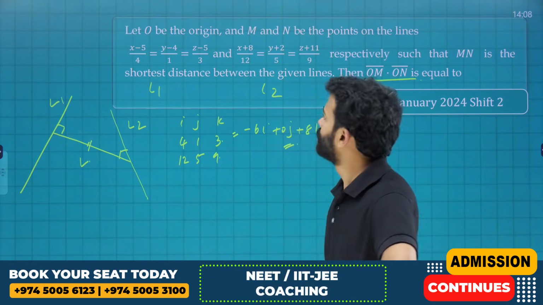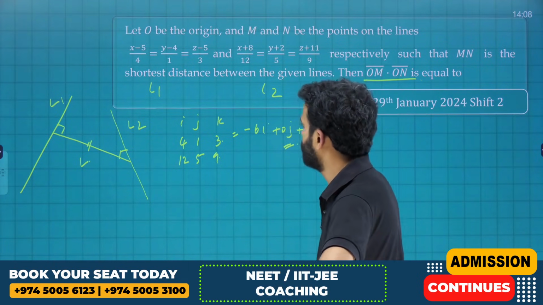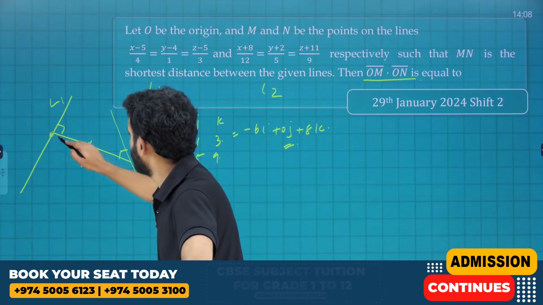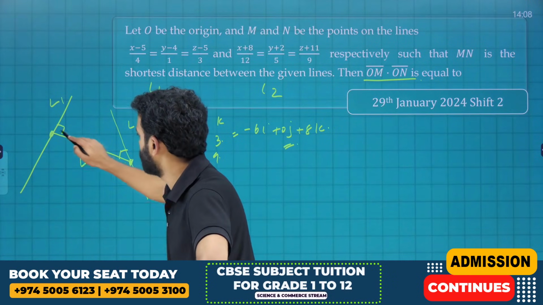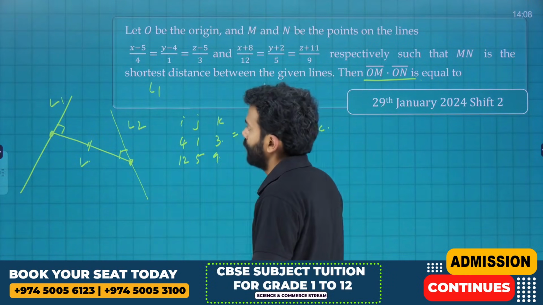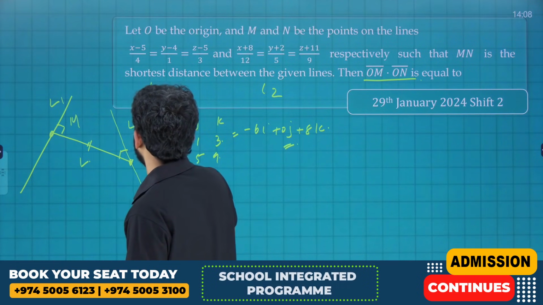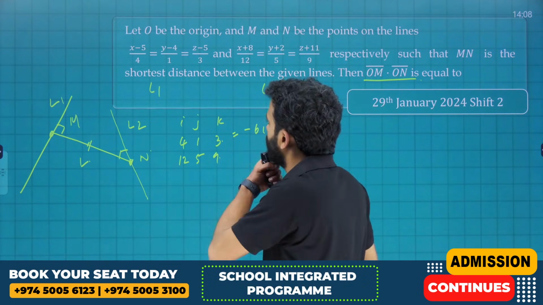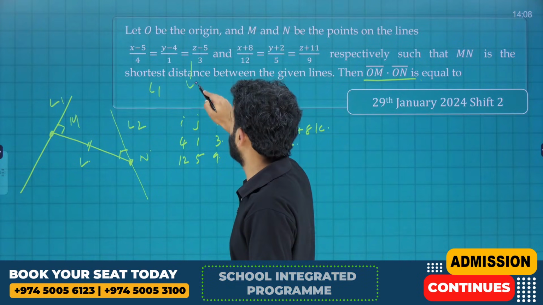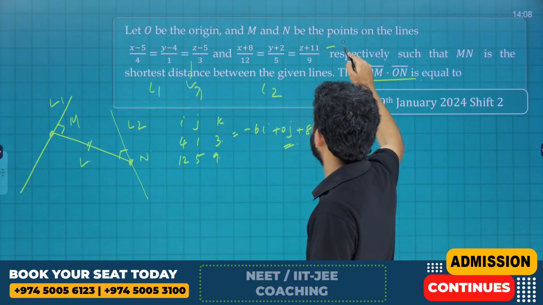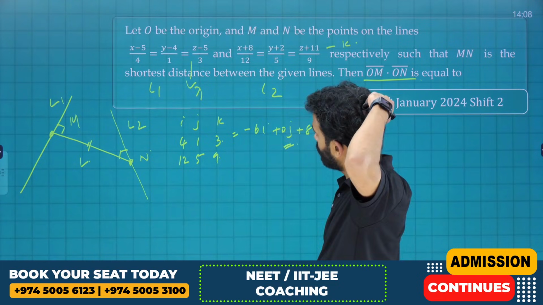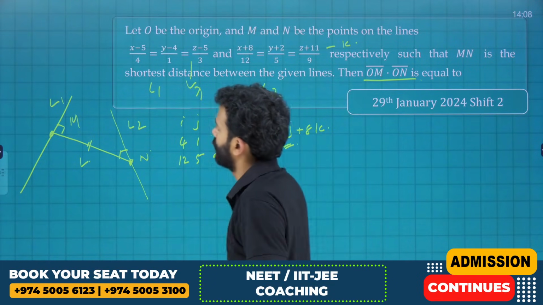Another thing, we need to find a point on this line. That is, 2 points actually we need to find. One point we can take as M, the other point we should take as N. So let's take the general point here, with parameter lambda for the first line and k for the second. It will be 4 lambda plus 5 here, right?